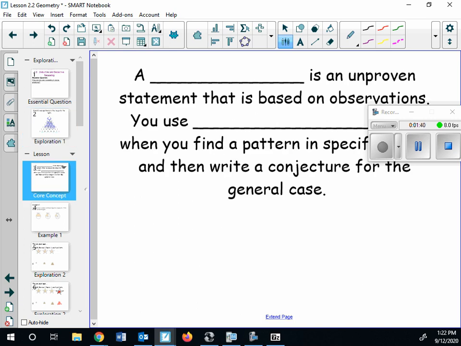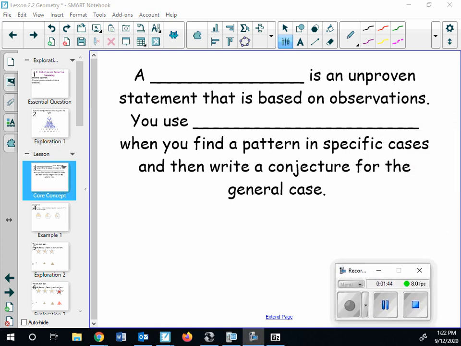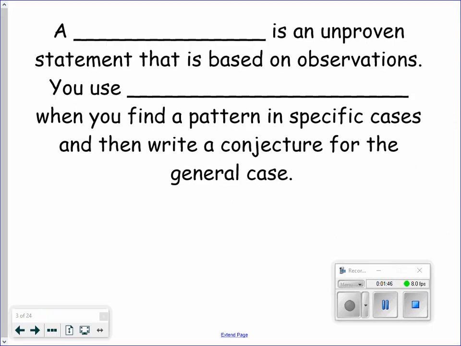It says a blank is an unproven statement that is based on observations. Okay, so a conjecture. A conjecture is kind of like, I want you to think about science, it's kind of like a conclusion. You go through all of this lab and what conclusion can you make? What conjecture can you make?